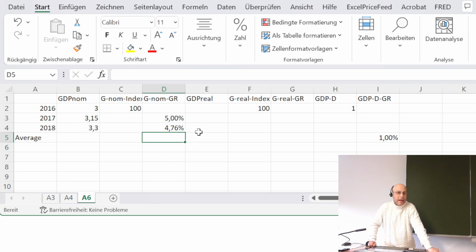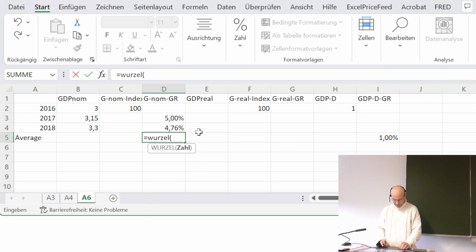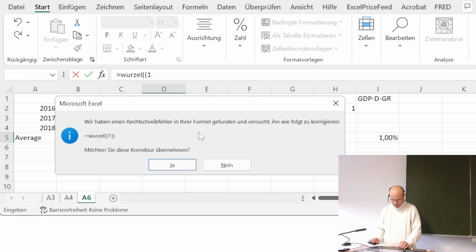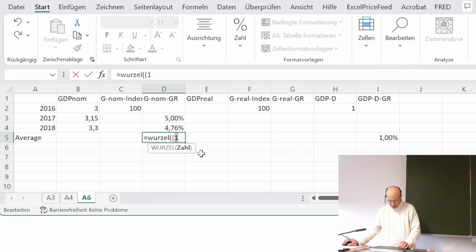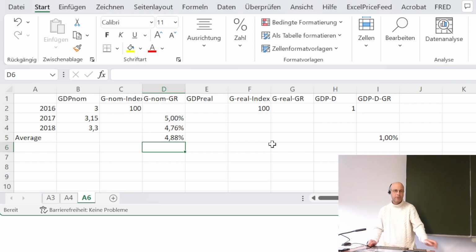What is the average growth rate? Again, this is the geometric mean of the growth factors minus 1. So we obtain the square root of 1 plus 5% times 1 plus 4.76%, minus 1, which is 4.88%.